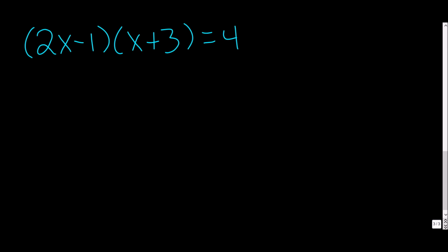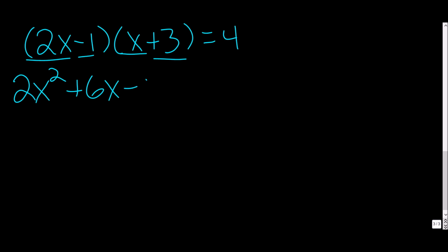We want all the terms on the same side. Well, what do you do when you have two binomials multiplied together? We have to FOIL. So our good buddy FOIL goes, we do our first term. 2x times x makes 2x squared. Then we do our outsides. 2x times 3 makes a 6x. Then we do our insides, -1 and x makes a -x.